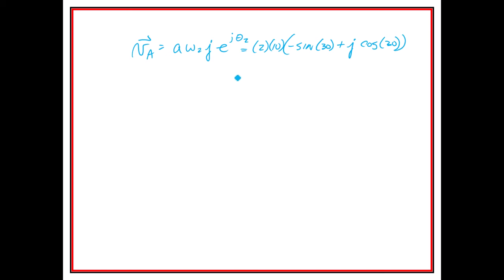That ends up being equal to negative 10 plus j times 17.32 inches per second, which we would find is 20 inches per second, which is stupid because it's 2 times 10 radians per second, so duh.